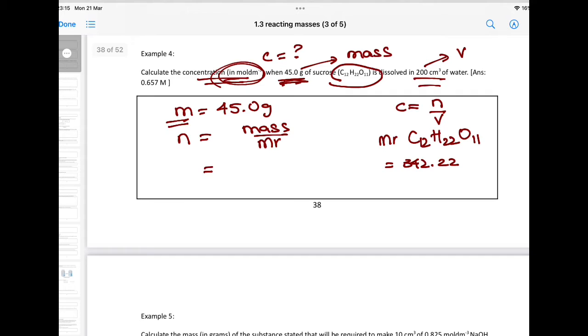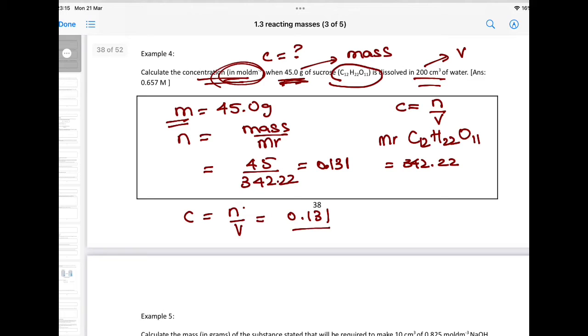So the number of moles would be the mass divided by the Mr. Once we have the number of moles, then concentration would be number of moles divided by volume.